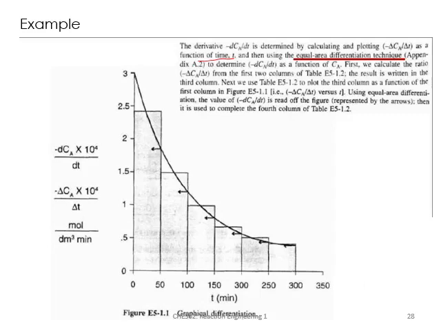First, we calculate the ratio from the first two columns. The result is written in the third column. Next, we use table E5-1.2 to plot the third column as a function of the first column. Using equal area differentiation, the value of negative dCA over dt is read off the figure, represented by the arrow. Then it is used to complete the fourth column of table E5-1.2.